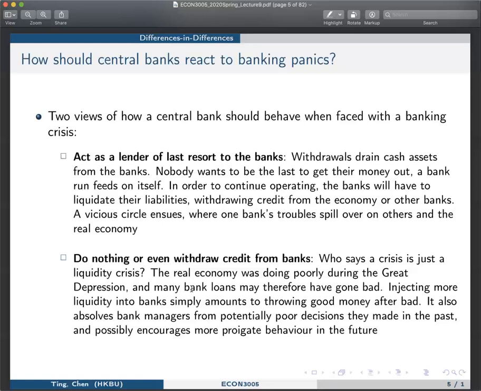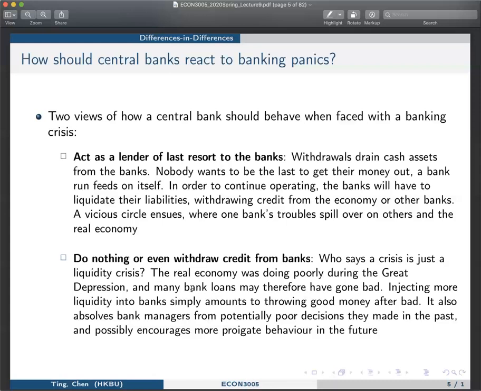But the withdrawal drains the cash from the bank, because nobody wants to be the last one to get their money out. So a bank run feeds on itself in this sense, because it's fed by people's emotional, irrational urge to avoid this loss.